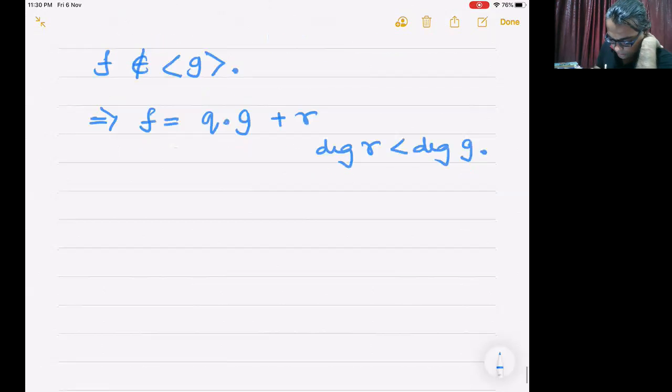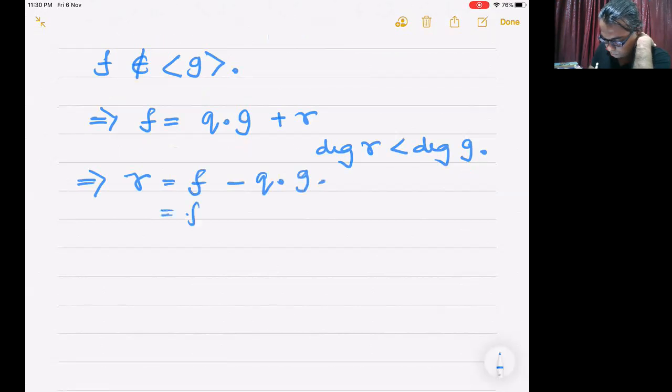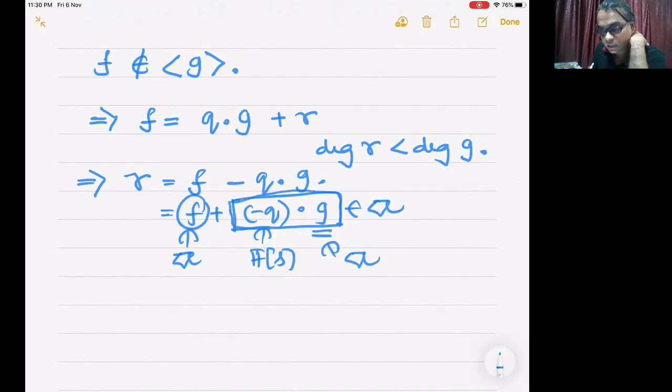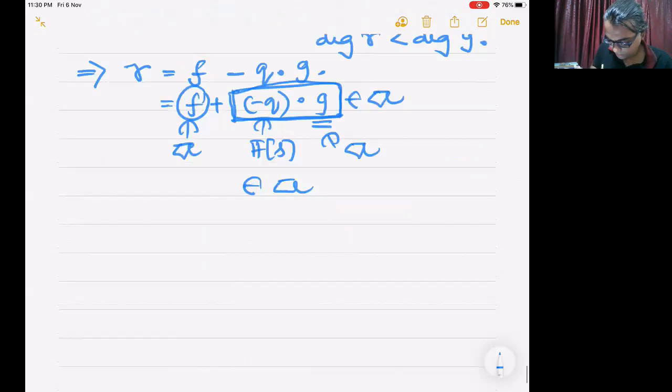Notice, R must be equal to F minus Q times G, which is the same as F plus (minus Q) times G. Now G is in the ideal by definition, F is in the ideal by assumption. Because G is in the ideal, and minus Q is a polynomial, by definition of an ideal, minus Q times G must also be in the ideal. So I have F in the ideal, and another element minus Q times G in the ideal, so their sum must also be in the ideal, which means R is a polynomial in the ideal.